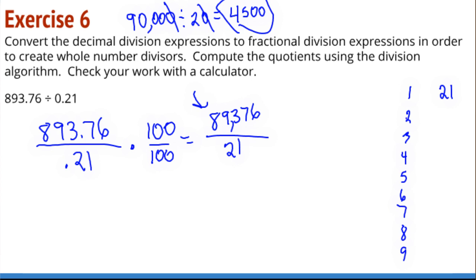So 20 times 2 is 40, plus 2 more, 42. Why 2 more? Because I am multiplying by 2. Here I'll add 3, 4, 5, 6, 7, 8, and 9.